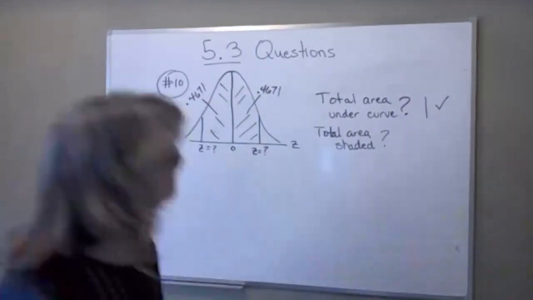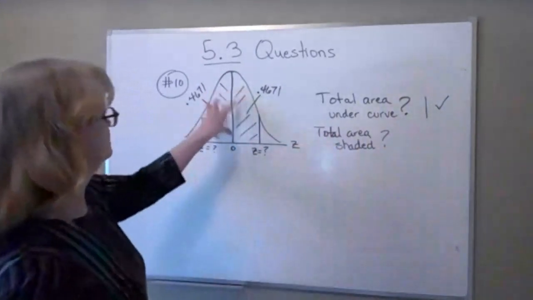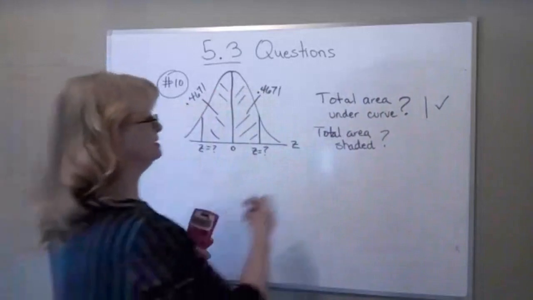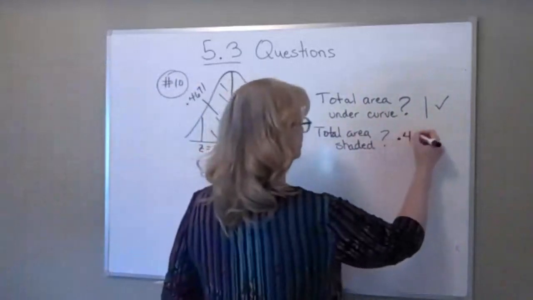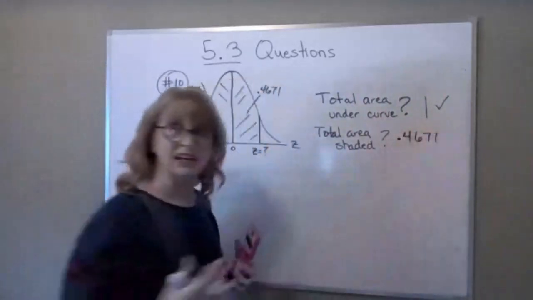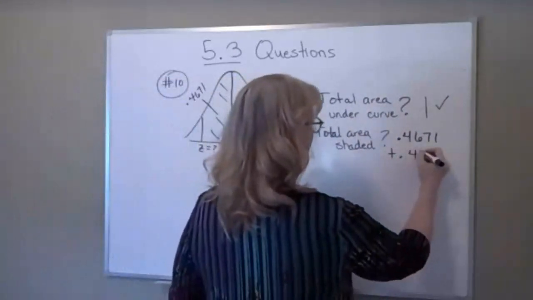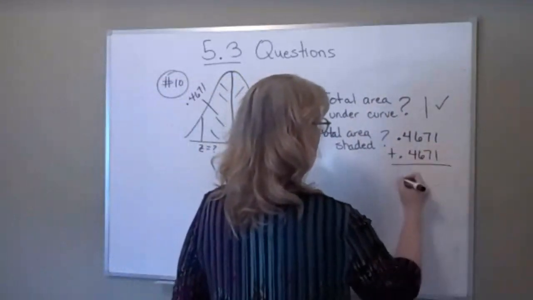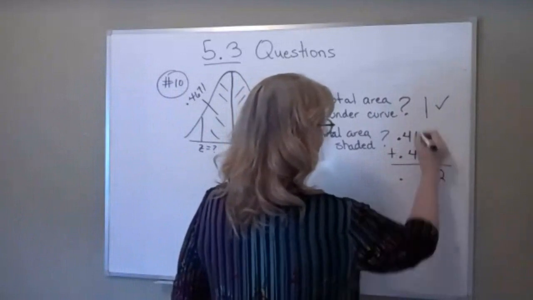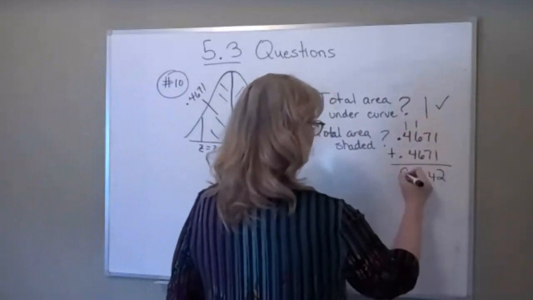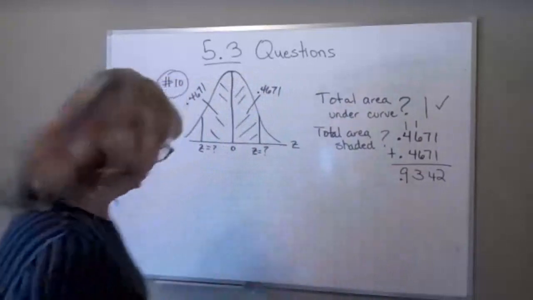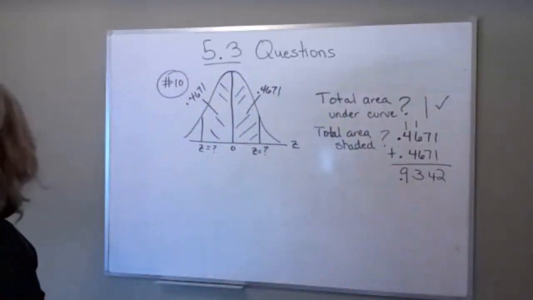Let's just add and see what that total area is that they've already given us. So when I say the total area shaded, this is the area shaded. So that's going to be 0.4671. And you can either multiply that by 2 or you can add it to the other area given. And that gives you 0.9342.